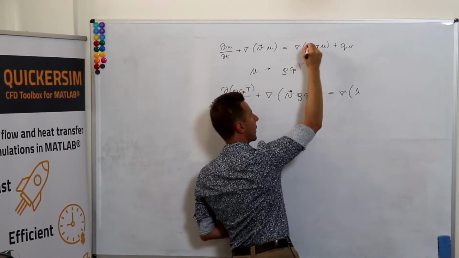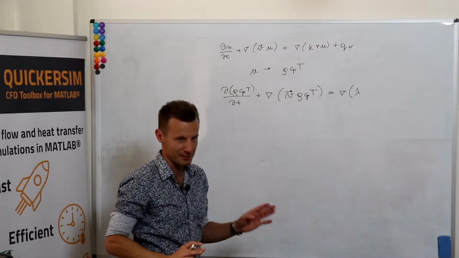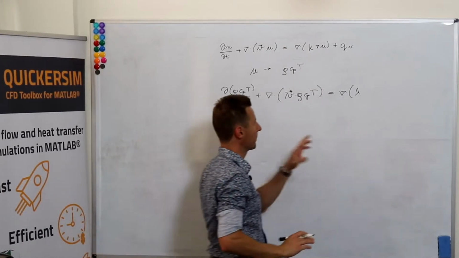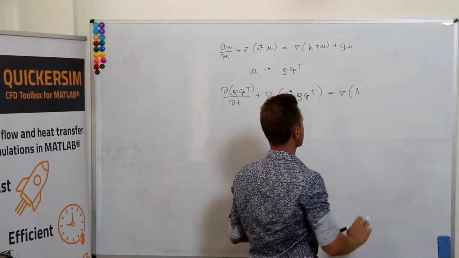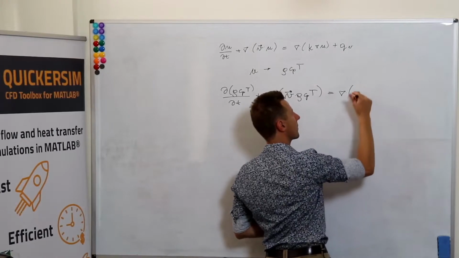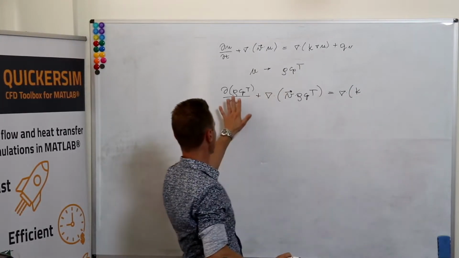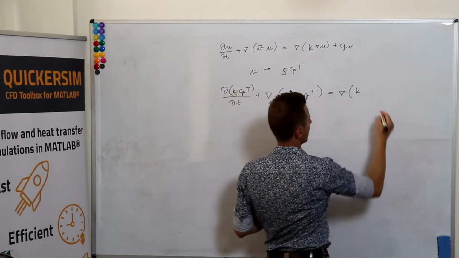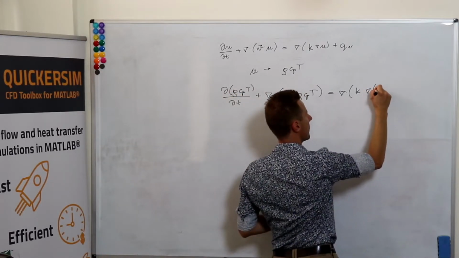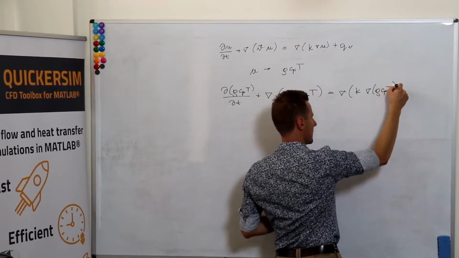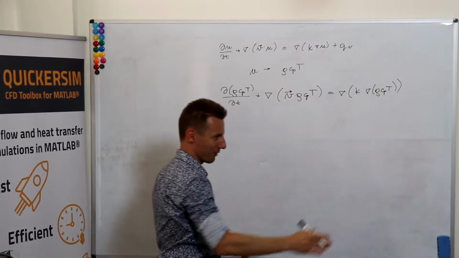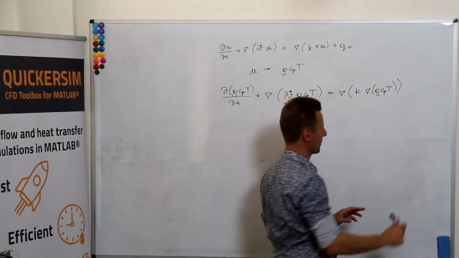Allow me to just put some diffusivity. And let's take the same diffusivity. Then we need to follow like substituting rho Cp T. I think you have already realized what would be wrong.